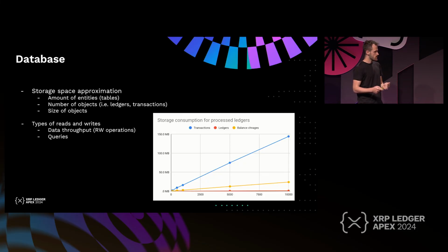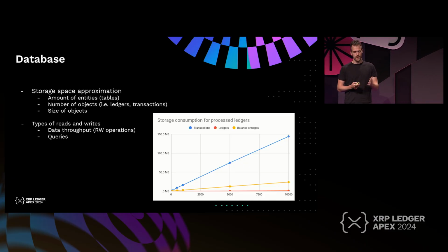Calculating everything beforehand is all well, but it's useful to do a quick checkup of how our estimations hold up in the real world. So we did a quick test. There's a chart which shows how much storage each entity takes. We did an analysis on transactions, ledgers, and balance changes to see how the storage requirements of each entity grow with the number of ledgers, which is our core entity.